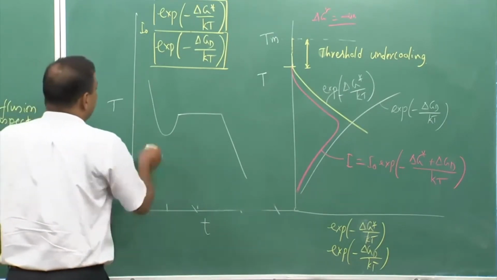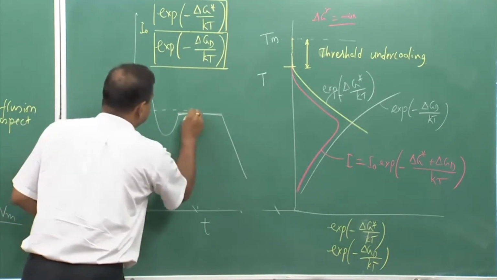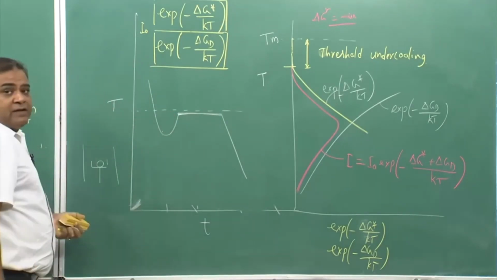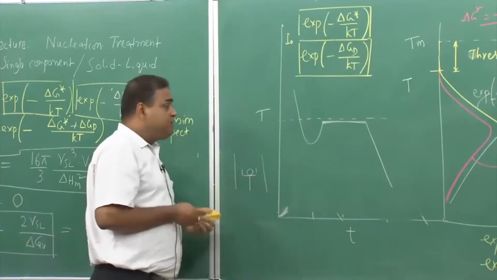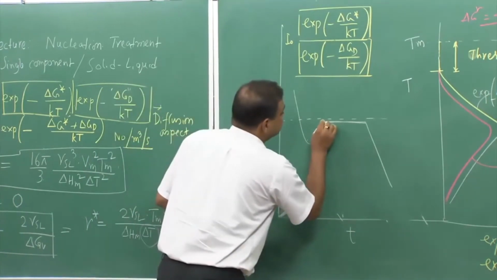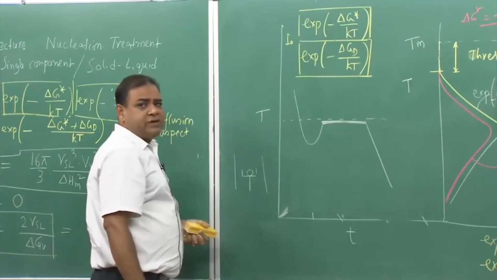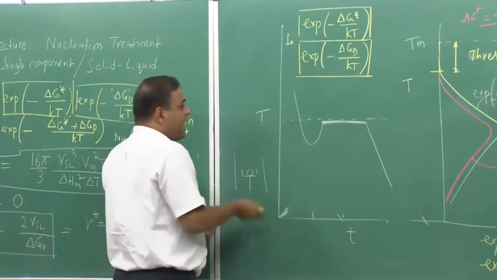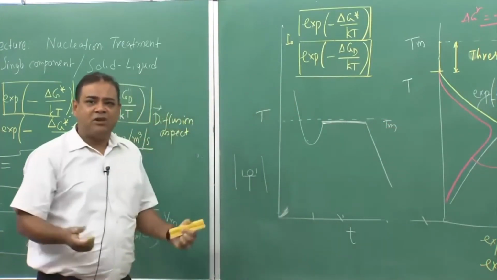As we cool down, if this is the melting point, the metal never solidifies at the melting point. Rather, the temperature of the liquid drops to a certain extent before the solid starts appearing. Then once the solid starts appearing, it takes a flat line until all the liquid transforms to solid, and it will be a little below Tm, because at Tm it is all equilibrium.